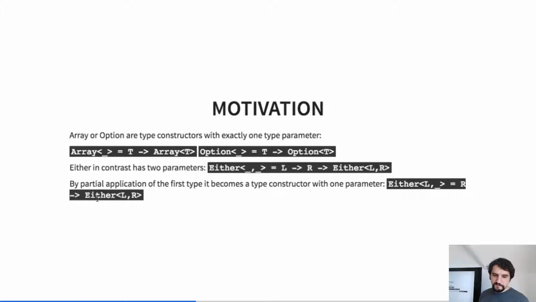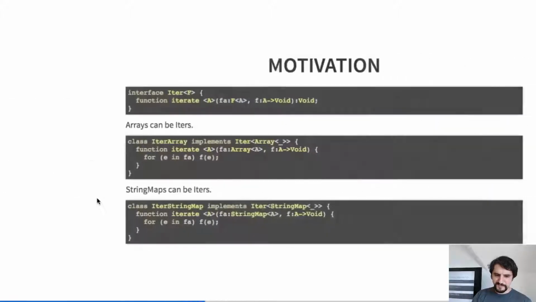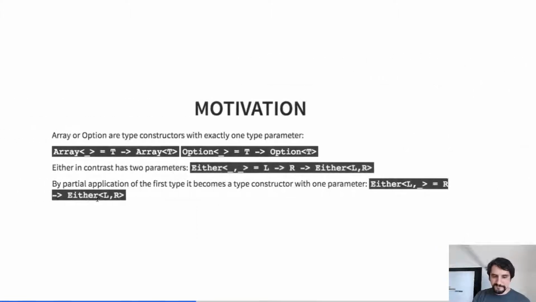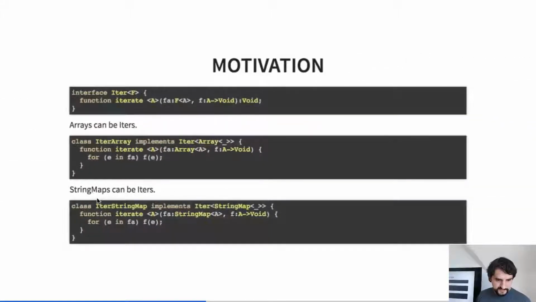A nice thing is that you can also have partial application on those types if you want. So if you just provide the first type of an either, like in the last example here, you have the L, and then it becomes a type constructor for one type. The example maybe makes this more clear.